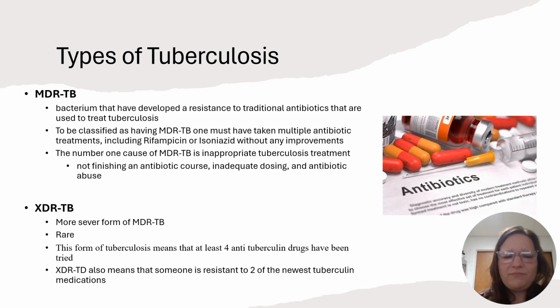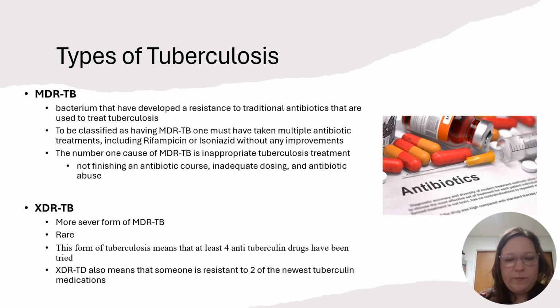The next one is a little bit more drug resistant, and it's called extensively drug-resistant, XDR tuberculosis. It is a more severe form of MDR. This one is really rare.